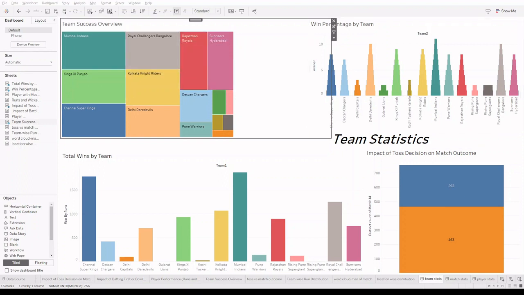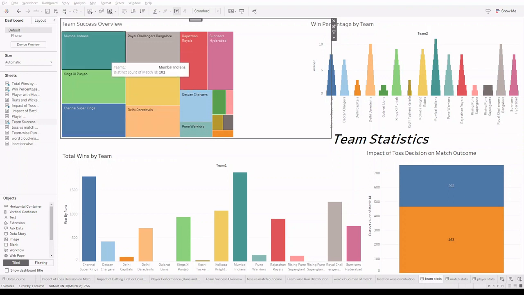In the team success overview, the teams with bigger boxes have performed very well through these years, and the small ones, like the orange color here, resemble Delhi Capitals, as its count of match ID is 6 and it's not maintaining much performance throughout the years. Rajasthan Royals is okay, Sunrisers Hyderabad is okay, Royal Challengers Bangalore is kind of good, not that much good.